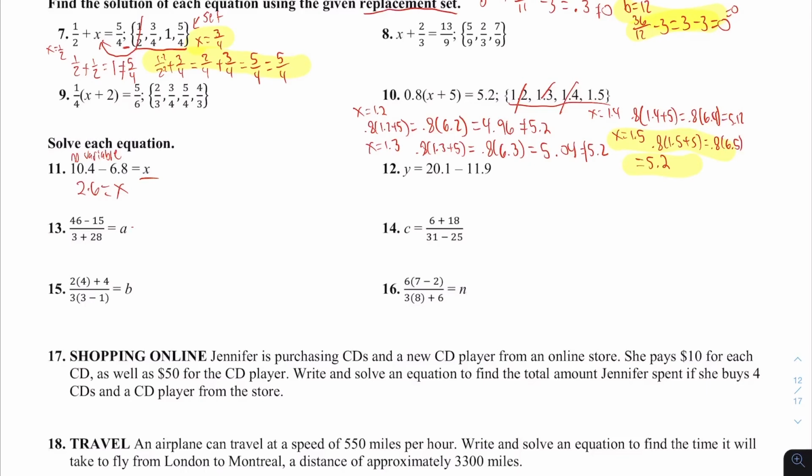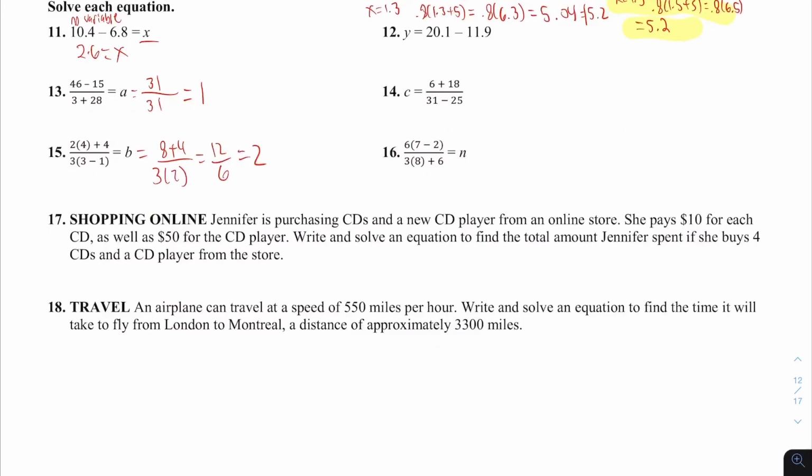So we'll solve it. 46 minus 15 is 31. And the other one is going to also make 31. And then those make 1. To number 15, 8 plus 4 divided by 3 times 2, 12 over 6 equals 2.